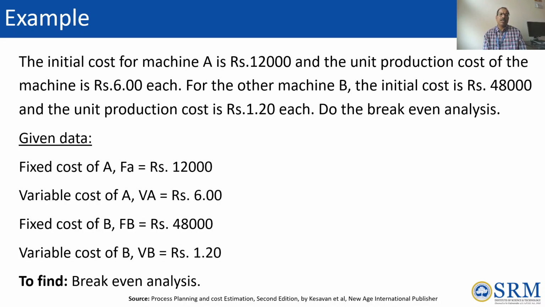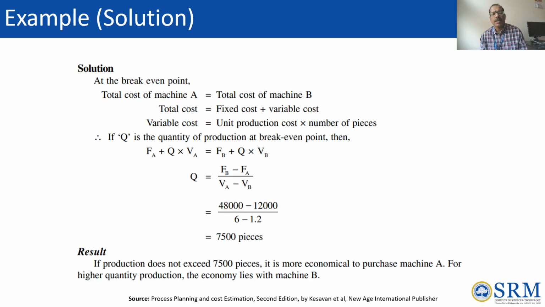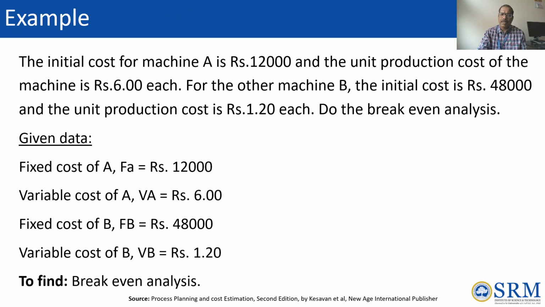So we have the fixed cost for machine A and machine B, and similarly the variable cost for machine A and machine B. If we have only these, the next question will be quantity.